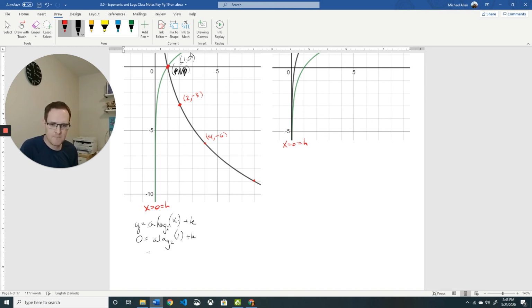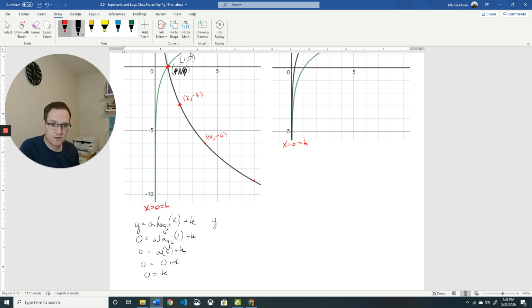So remember one of our rules for logs. If I put a 1 in a log, I get a 0 out. So log base 2 of 1 is 0. 0 times a is 0. So to make sure that this stays 0, k has to be 0 as well. So k is equal to 0. Okay, that makes sense.